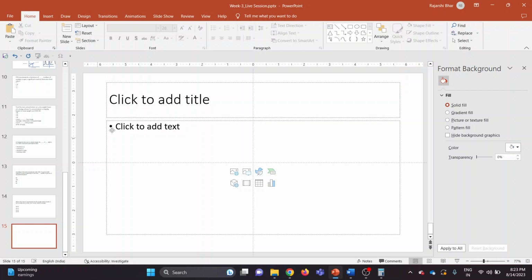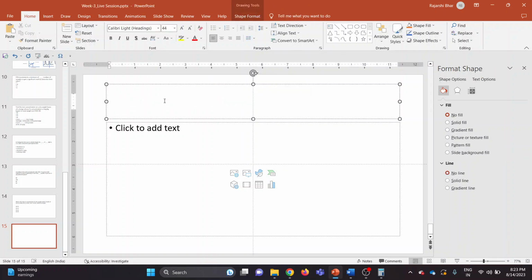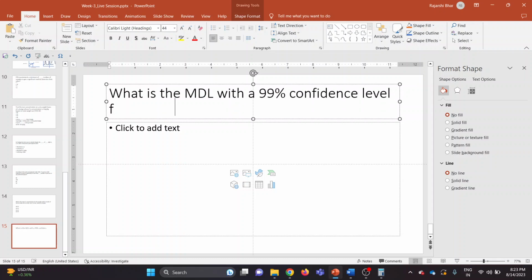Now the next question is based on method detection limit. What is the MDL, that is the method detection limit, with a 99% confidence level for the sample analysis results? Just let me cross check the values.